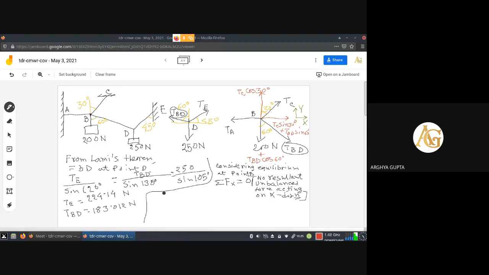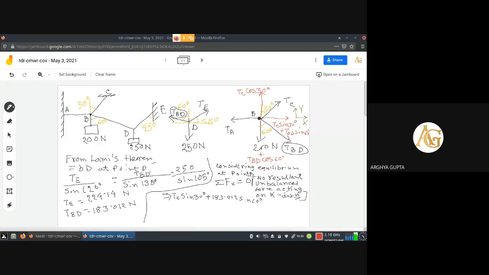So here we will get TC sin 30 degree plus TBD. I will put that TBD value right here, 183.012, and sin 60 degree.